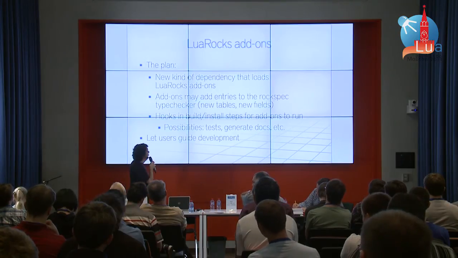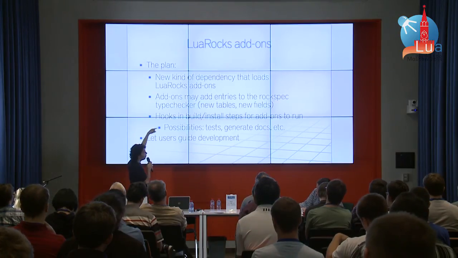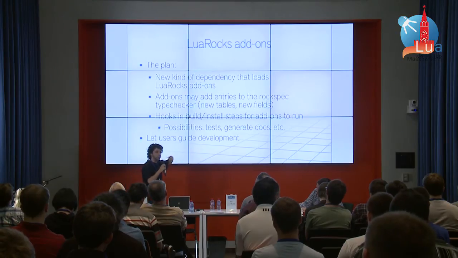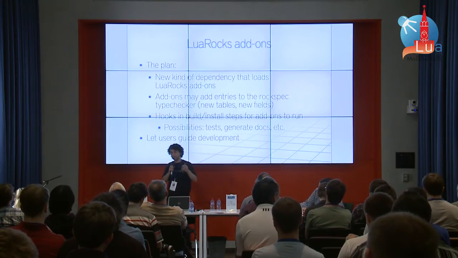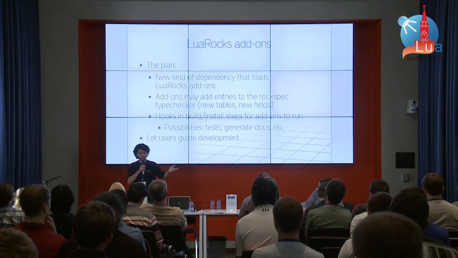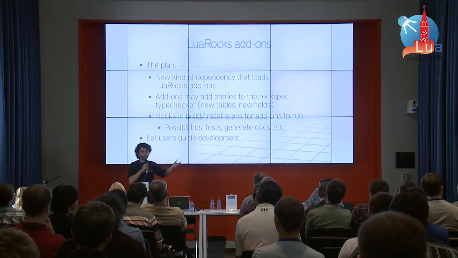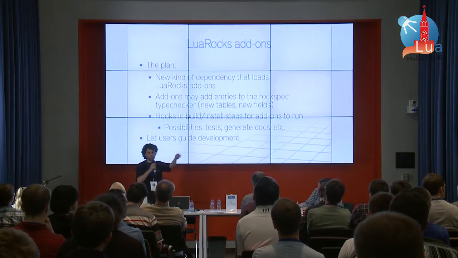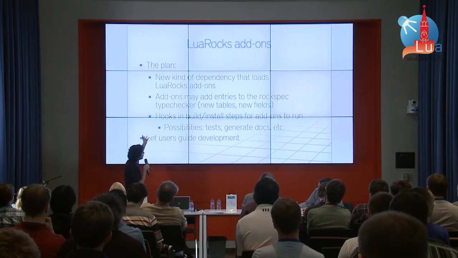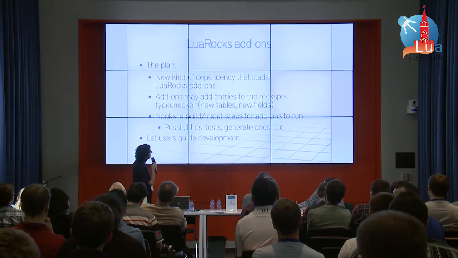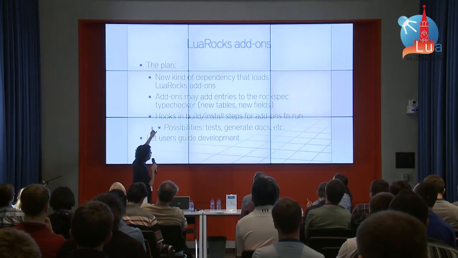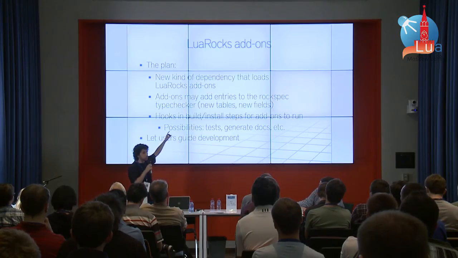The basic idea is to add a new kind of dependency that actually loads LuaRocks add-ons. Since we have the network, and we know how to fetch things from the server, if a new rockspec needs a new feature, maybe the developer can implement that feature and have it loaded with their own rockspec. For that, we'll need a standard way for add-ons to add entries to the rockspec type checker, because we have a table that is basically a schema of the rockspec format, and we check against it.